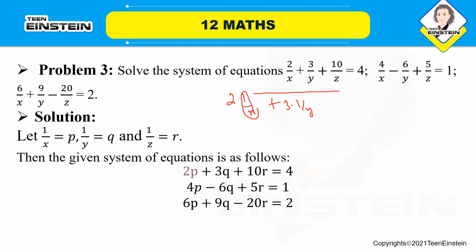So this is not x, this is actually p. So 4p plus 6q plus 5r equal to 1, then 6p plus 9q plus 20r equal to 2.